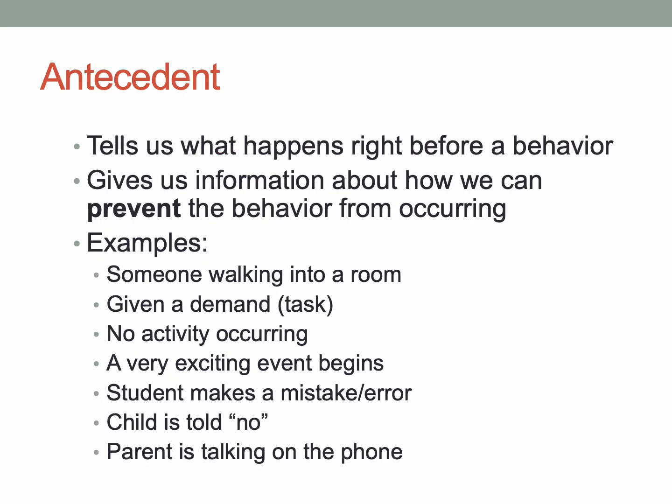Antecedents tell us what happened right before a challenging behavior. So by having consistent, repeated observation, you can figure out the patterns between A and B, so you can prevent the challenging behavior from occurring. For example, a person just walked into the room and my student starts to scream.